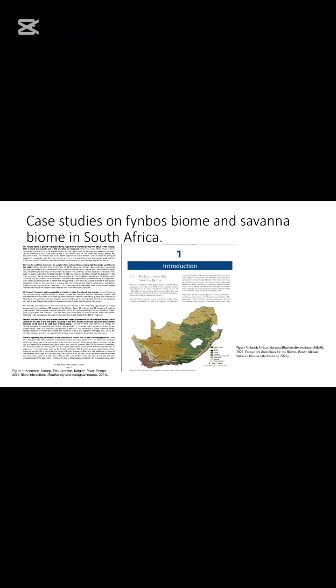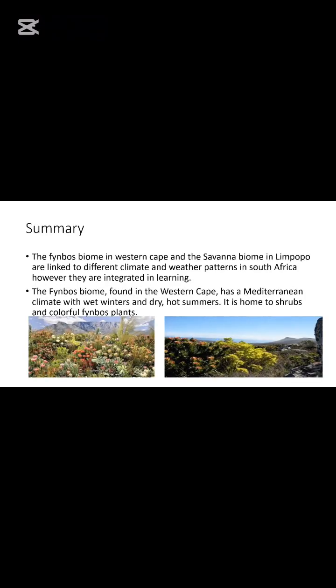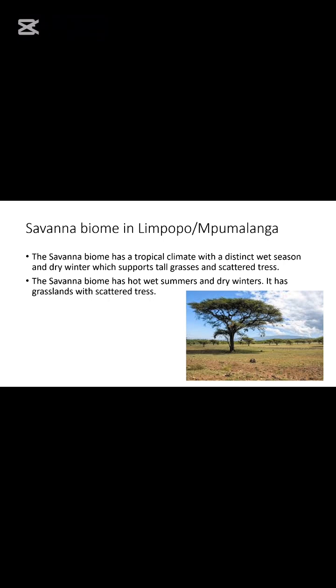The fynbos biome in Western Cape has a climate with wet winters and dry, hot summers, whereas the savanna biome has a climate with wet seasons and dry winters. Other examples include Free State. Free State has hot summers and cold winters with low rainfall. And we have Durban, which has warm conditions, especially in summer.